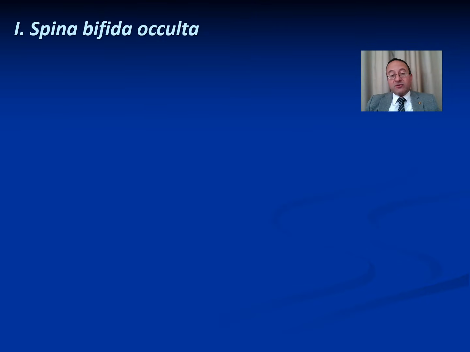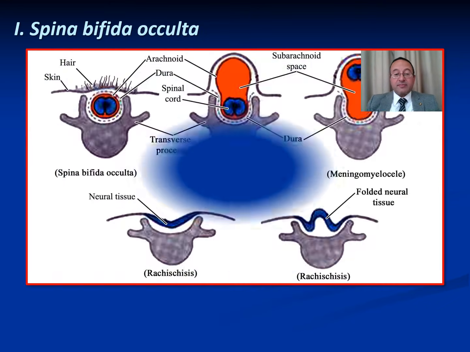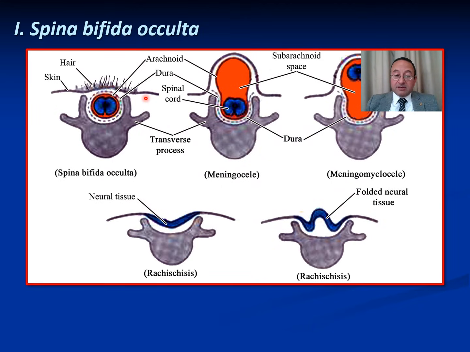Now I'll start with the first type, which is spina bifida occulta. Actually, there is a defect in the neural arch, but I can't see it. It is covered by skin. But actually, this skin has a specific feature.